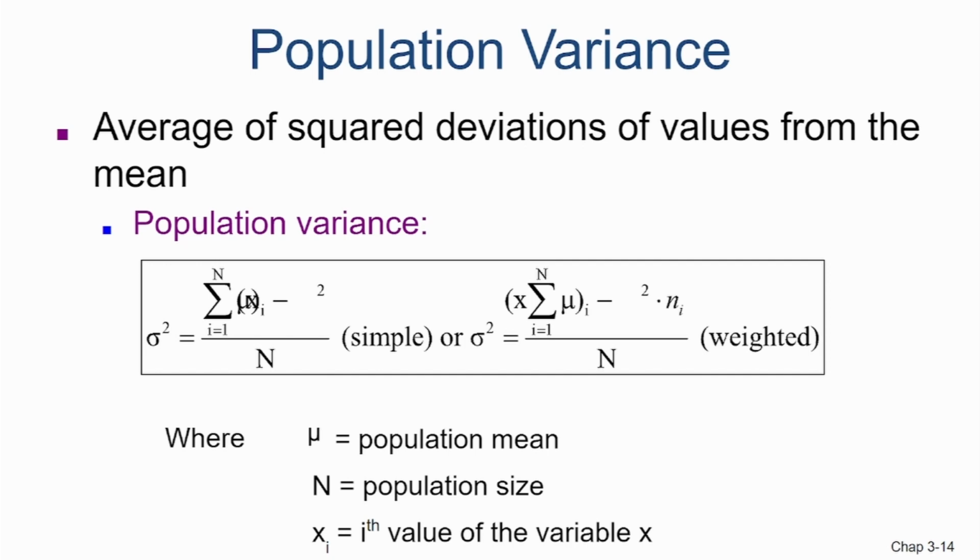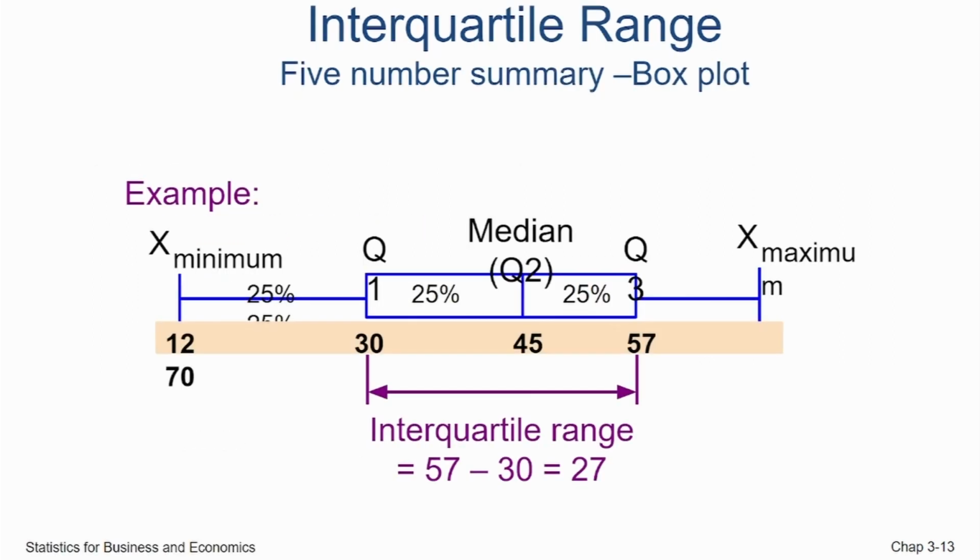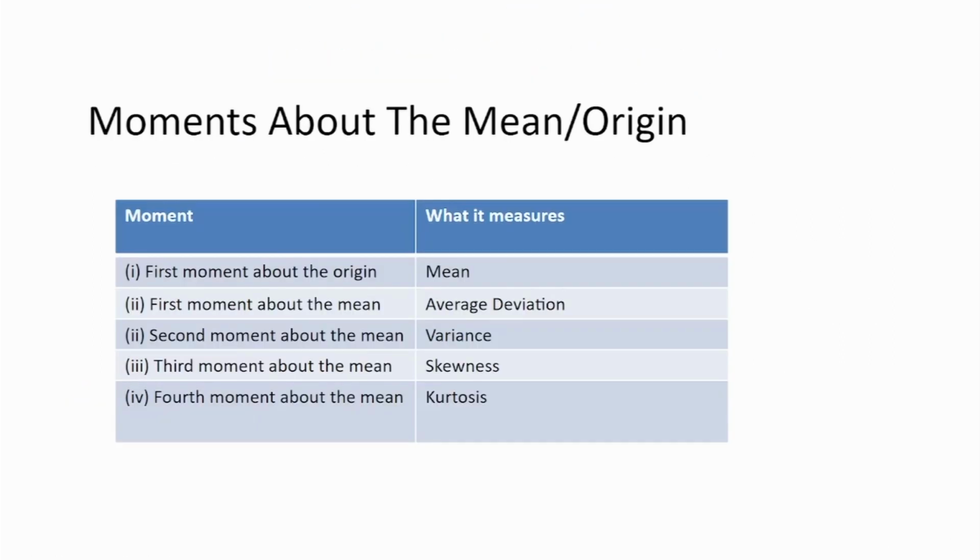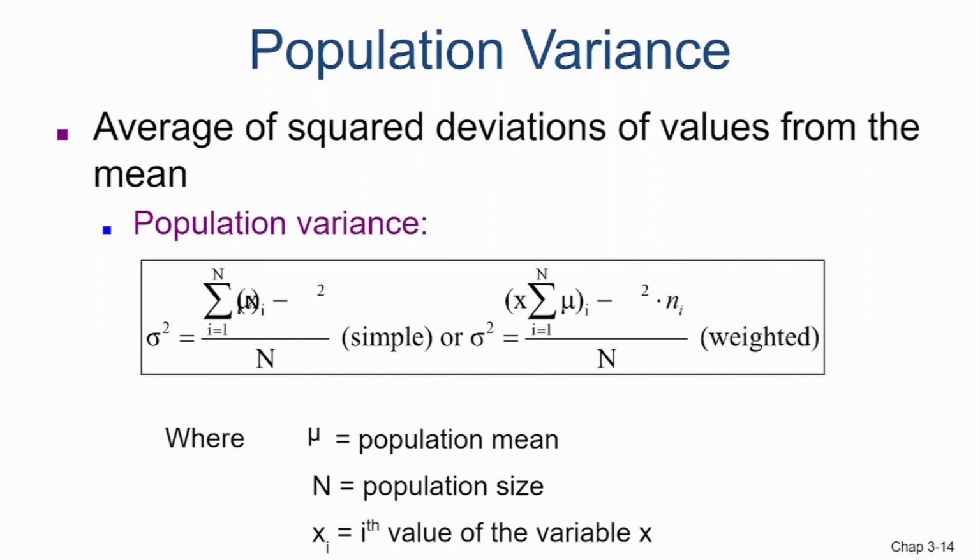As I was telling you, there is some issue with the slides, no problem. Mu and xi have combined in each other. Anyway, look at the formula on the right-hand side. This is a squared deviation. Population variance, what we were talking about, is a second moment. Mu i is a particular entry now.